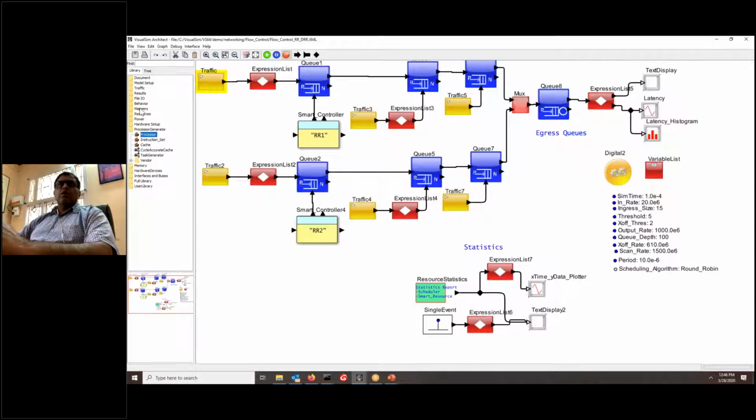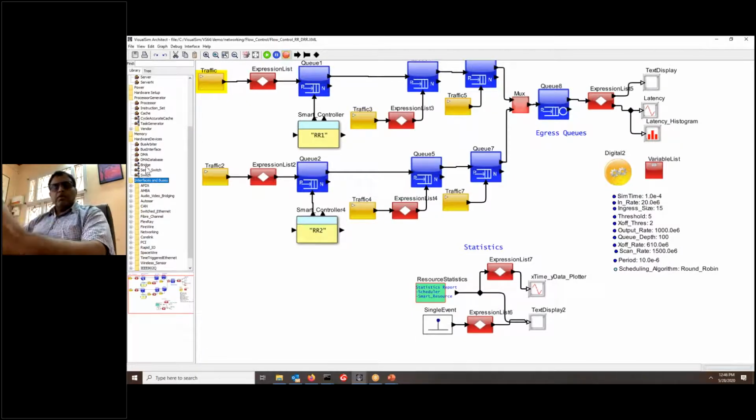Whereas if I click on, say, resources, I can get a queuing module. Or if I click on, say, hardware devices, I get some of the peripheral devices and VMAs. Or I can click on these, I can get more of the networking and the buses and things like that. So a variety of building blocks, and drag and drop them, and each one of them has a unique set of parameters.